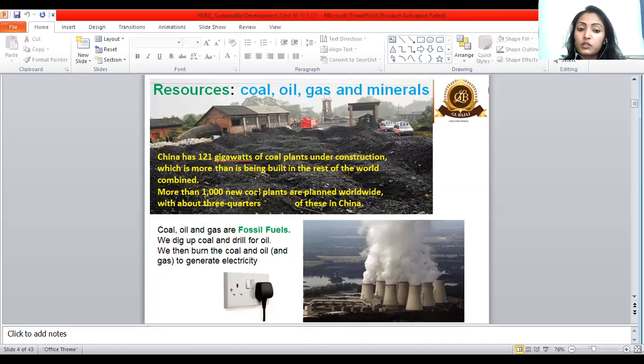More than 1,000 new coal plants are planned worldwide, with about three quarters of these in China. So can we predict that, if so much construction of coal plants is happening, we should be concerned about China burning more coal in the future?